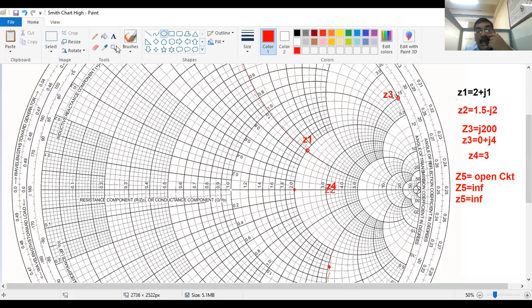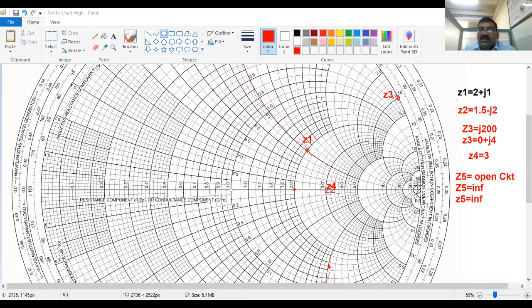Now, if this is the thing, then what we have to do? Where is the infinity? Anybody can just tell me whether infinity is on the left hand side of the Smith chart or on the right hand side of the Smith chart. Quickly you can tell me. Yes, I got some response in the chat. Okay, right hand side. Yes, correct.